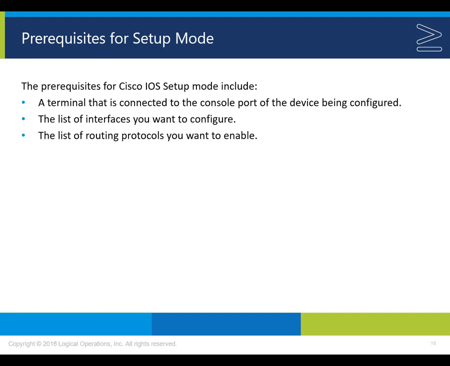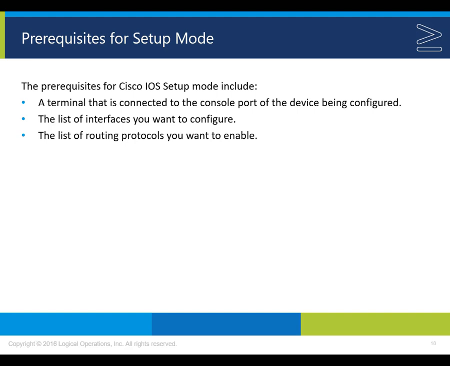So we'll need a terminal, a connector to the console port because it's going to be local. The interfaces that we want to configure, nothing magic in this list here, and then the routing protocols that we want to enable. So basically the startup things that we want on this router, the interfaces, the IP addresses that we want.